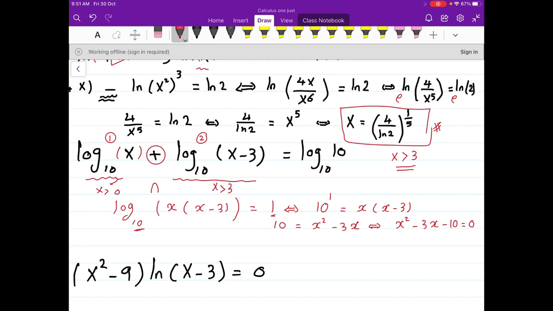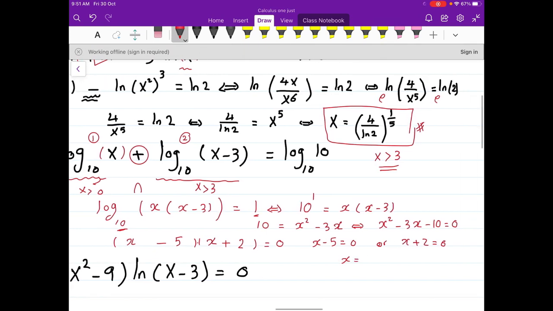This is equivalent to x squared minus 3x minus 10 equals 0. Quadratic equation, you can factor this equation. Open 2 brackets, x times x, 10, this is negative and this is positive, equals 0. The product of two numbers is 0, that means x minus 5 equals 0 or x plus 2 equals 0.